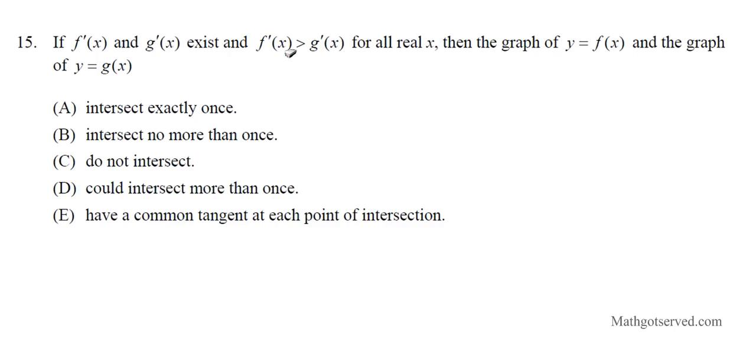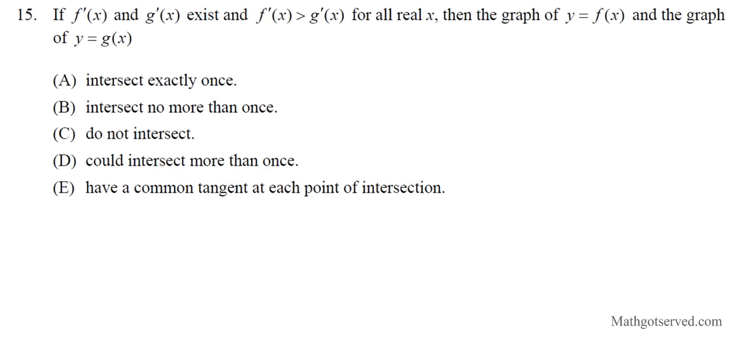Now, these two functions could either be increasing or decreasing, but we're going to focus on increasing. And if you reflect that situation, you can understand, if you invert the situation, you get the decreasing case, okay? All right, so working with increasing should be sufficient. Now, if f prime of x is greater than g prime of x, what does that mean?